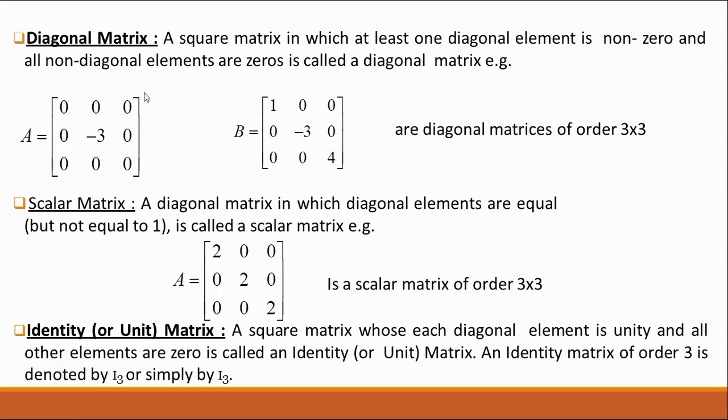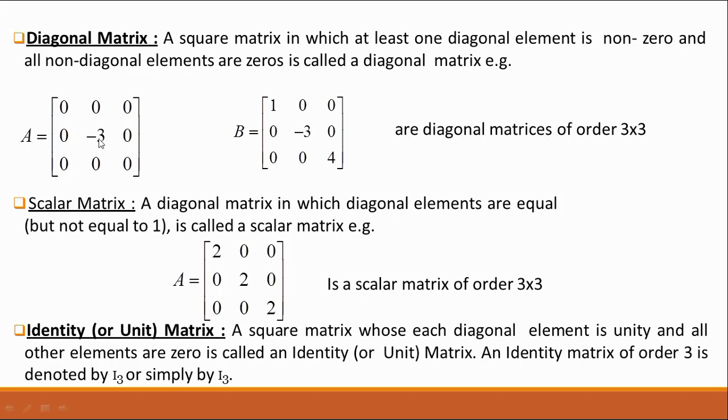Now, what is a diagonal matrix? A square matrix in which at least one diagonal element is non-zero and all non-diagonal elements are 0 is called a diagonal matrix. Dear students, note that for a diagonal matrix, not all the diagonal elements need to be non-zero.